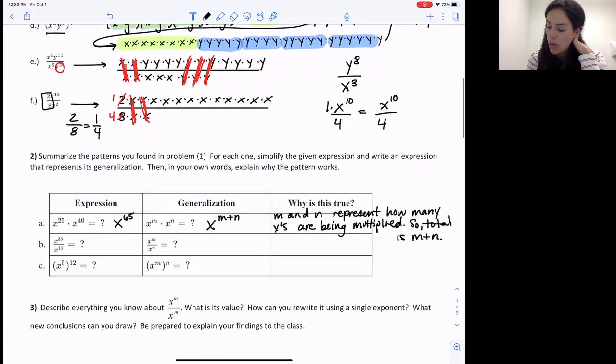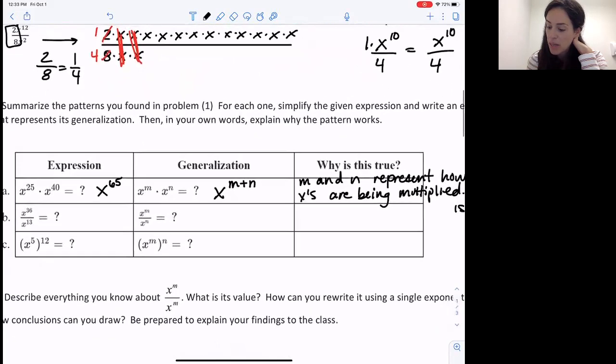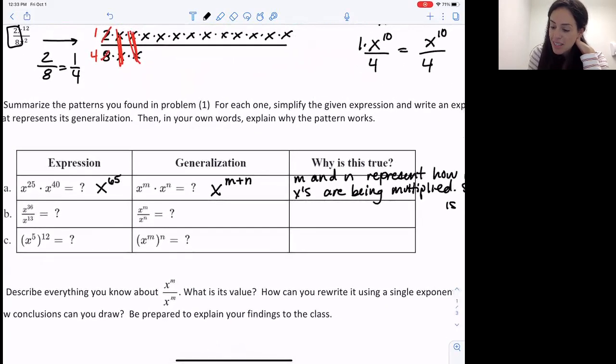For this example, I can imagine what would happen. The 13 x's in the denominator would cancel with 13 of the x's in the numerator, and I'd be left with how many? Well, I need to subtract to find out. Well, 36 minus 13, that's 23. So this would be x to the 23.